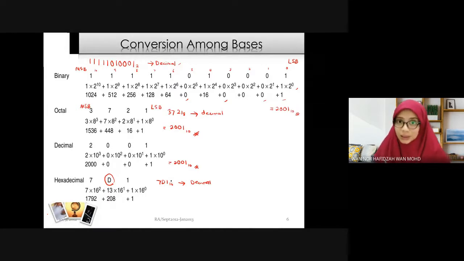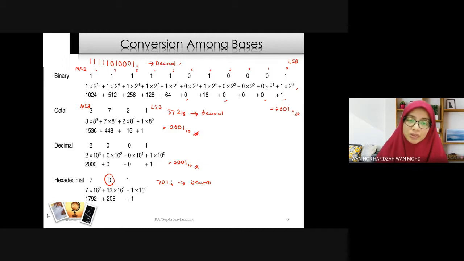Kalau you setakat tulis D and then you want to do a simple calculation, you cari D, tak jumpa D. So that's why kita kena tahu the representative dia apa. So D is equal to 13.